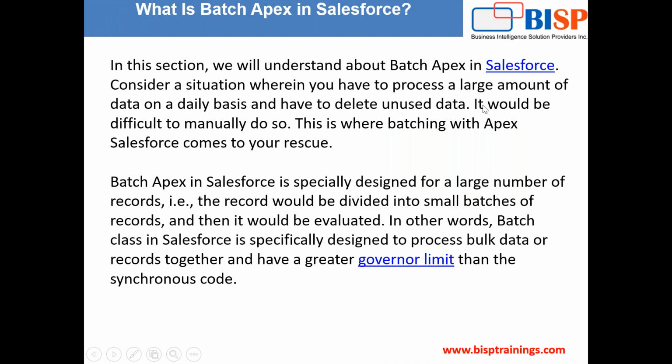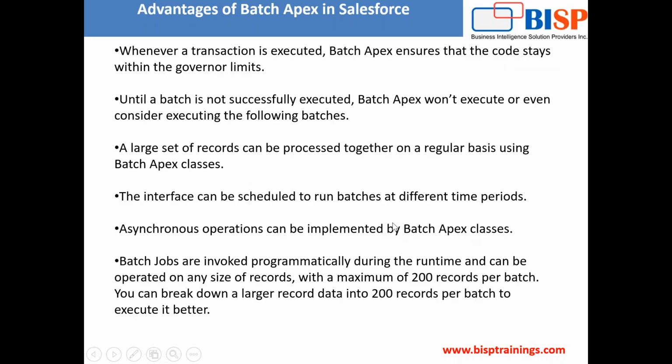A batch Apex class is used to process a large amount of data on a daily basis. It will create small batches of records, and then they get evaluated. These are the advantages. Whenever a transaction is executed, batch Apex ensures that the code stays within the governor limits.